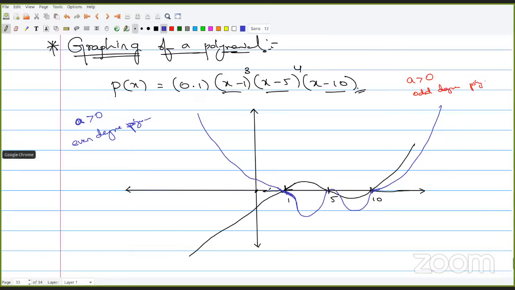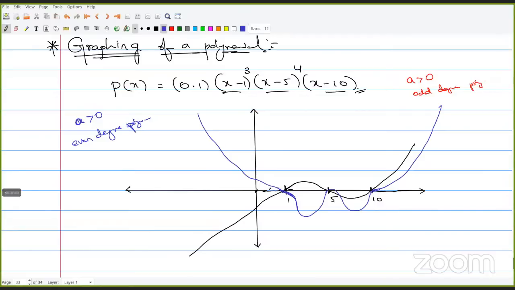Okay, sir. So can you please solve this question? Yeah, one question, sir. Actually, x plus 5 is one part of that multiplication. Why is it bouncing upward? Because the 4th power is there.